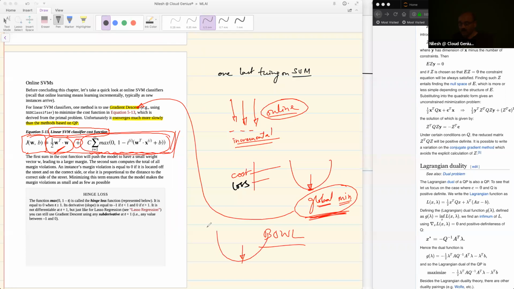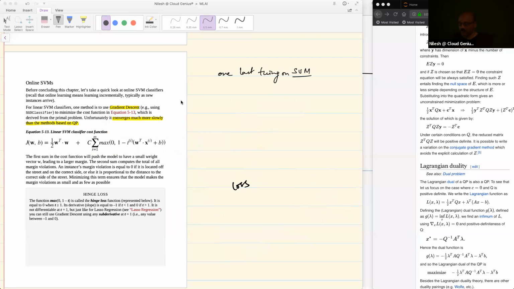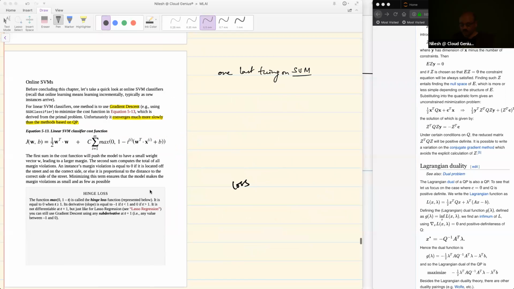So that's the underlying concept of a cost function that will help us calculate and come up with the minima. And you can, of course, use the gradient descent techniques to calculate the minima points.